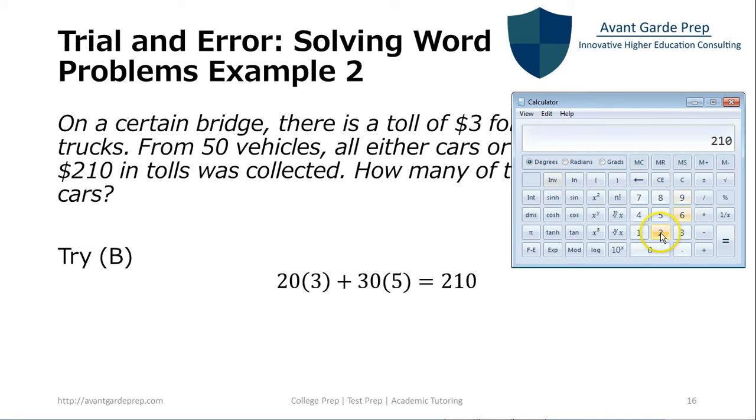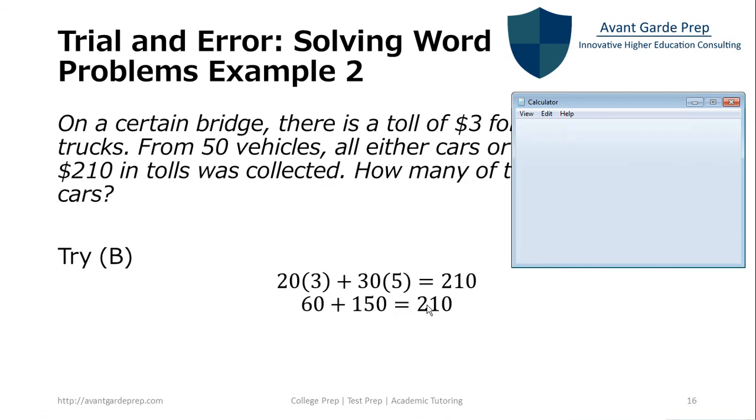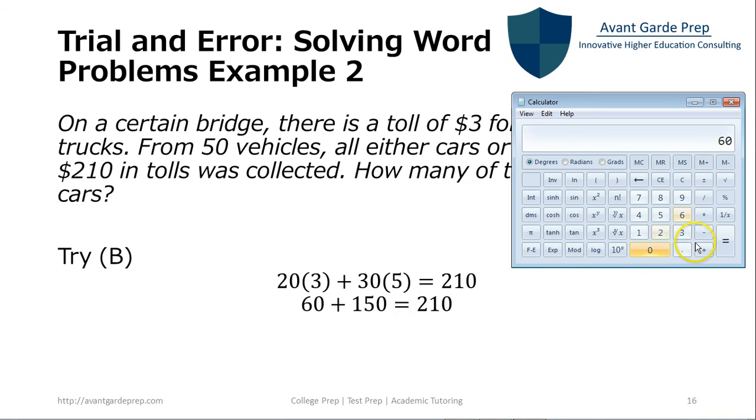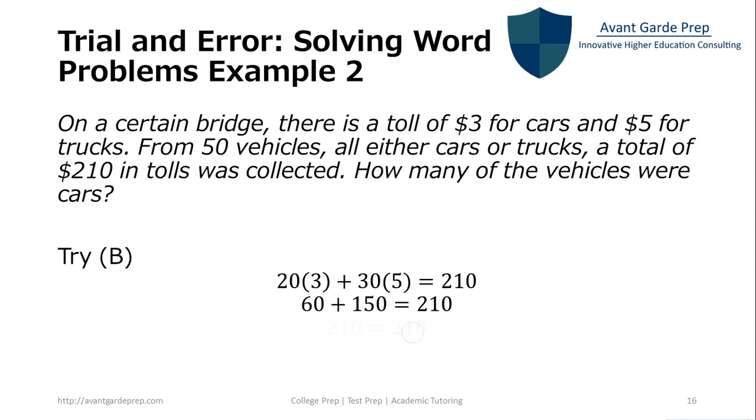So we'll first look at 20 times 3, and that equals 60, plus 30 times 5, and that equals 150. So we'll add 60 to 150, and that'll give us the answer 210. And indeed, if 20 of the cars paid $3 and 30 trucks paid $5, we would receive $210 in tolls.